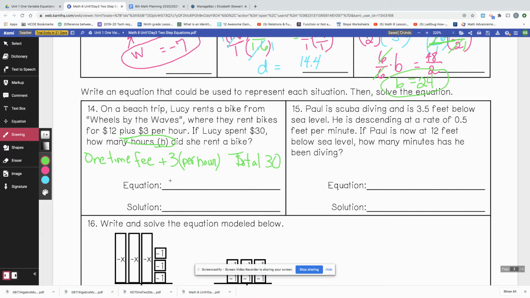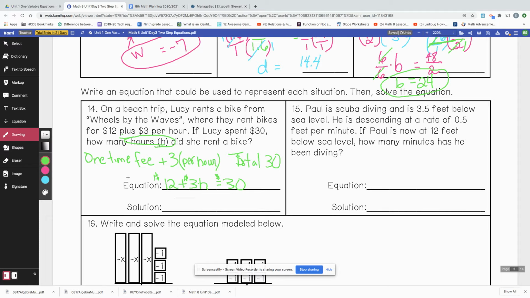Well, my equation could look something like this. 12 plus 3 times H, $3 for every 1 hour, is equal to a total of $30. One way to write the equation, one way to work the problem.